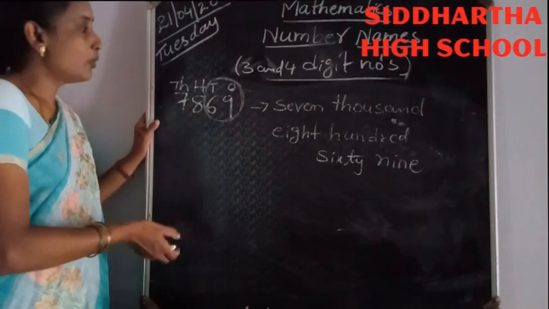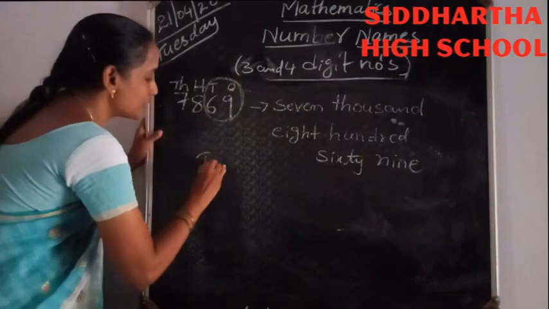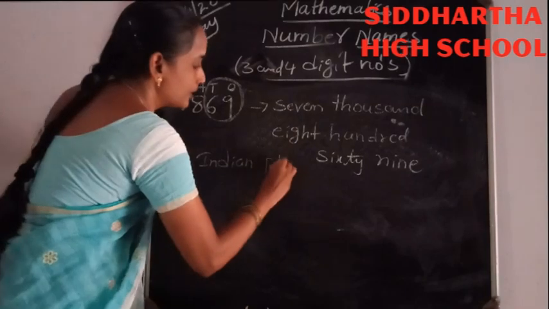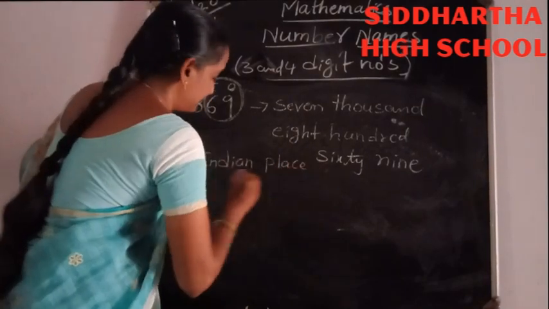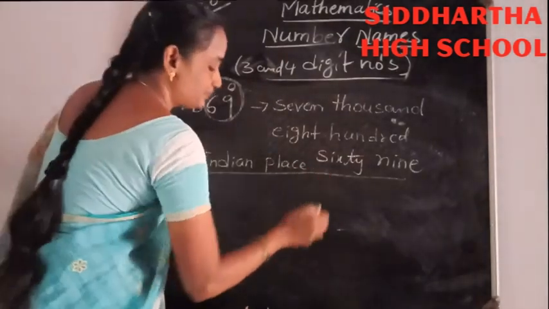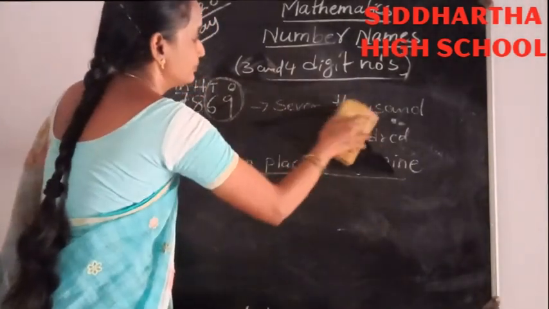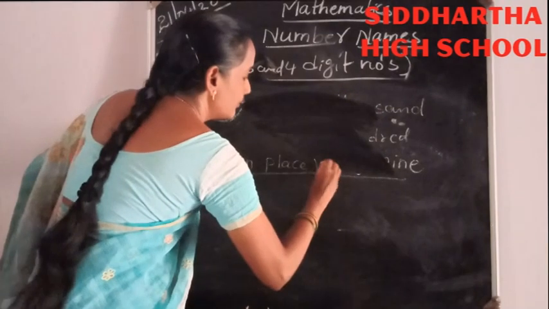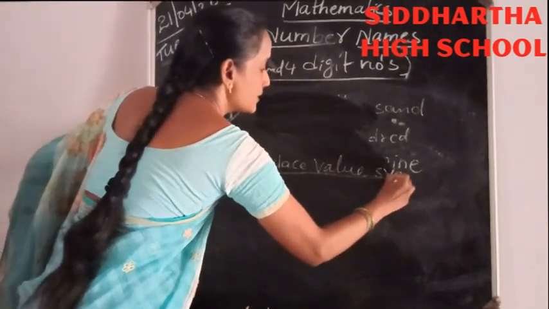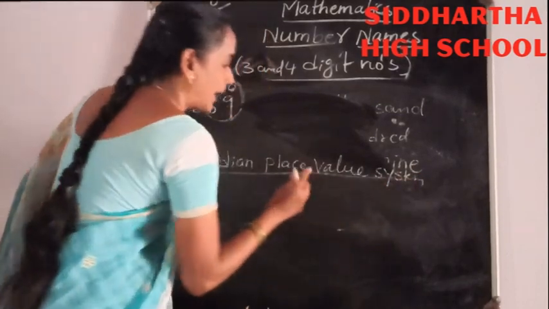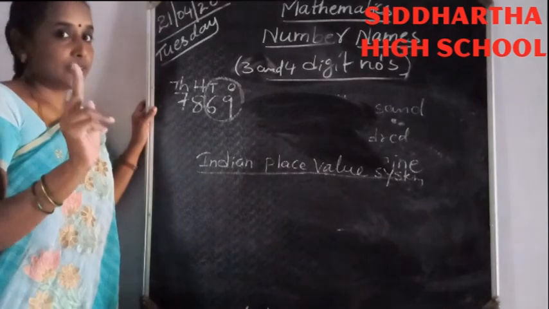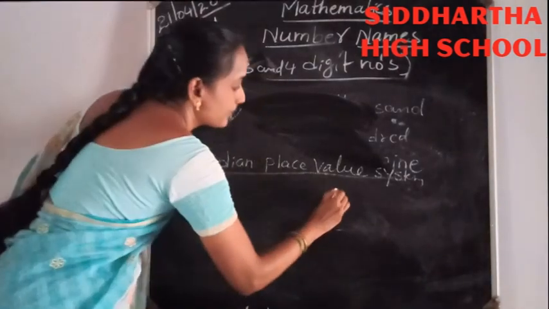Okay children. Now in the Indian place value system, a 5-digit number has 2 periods.